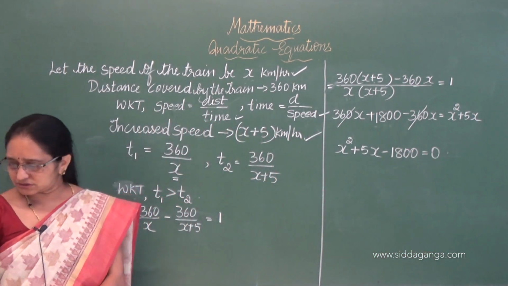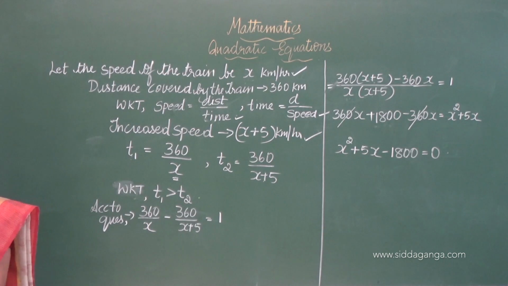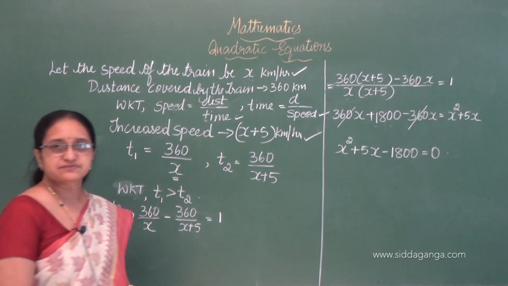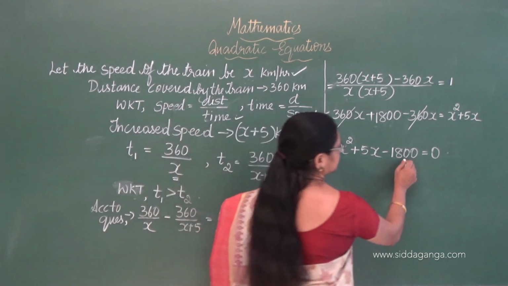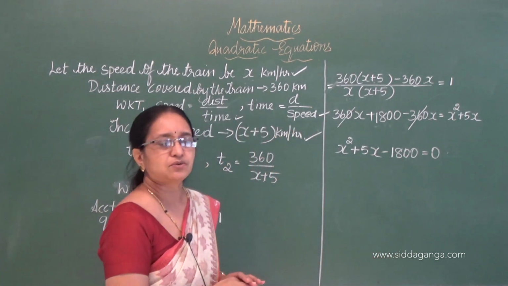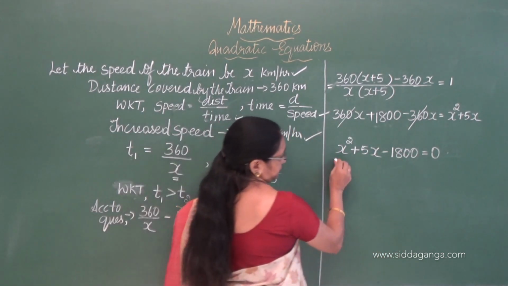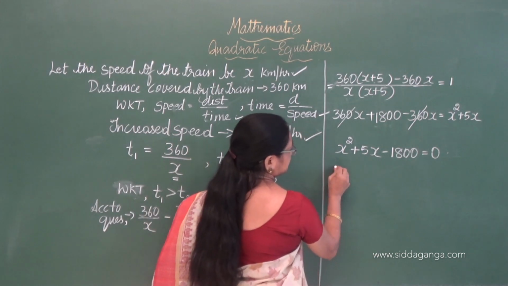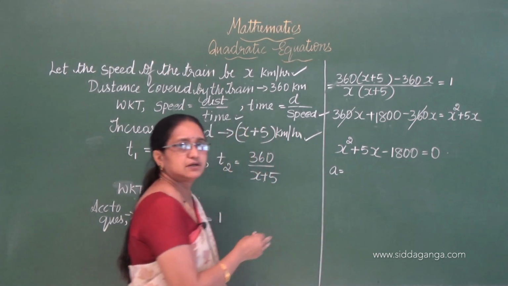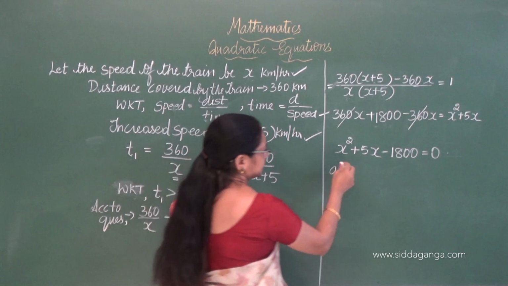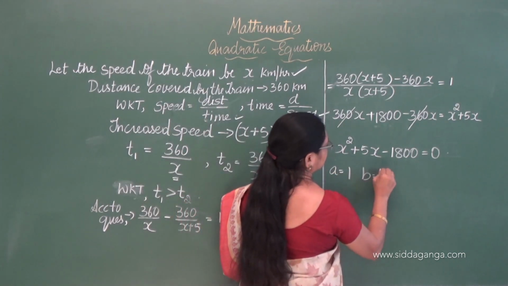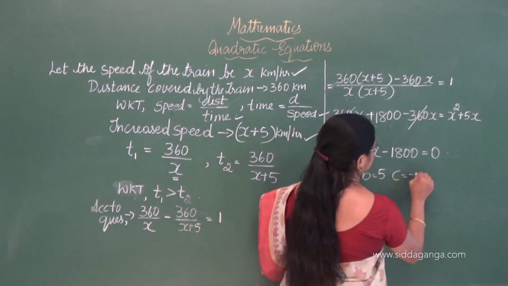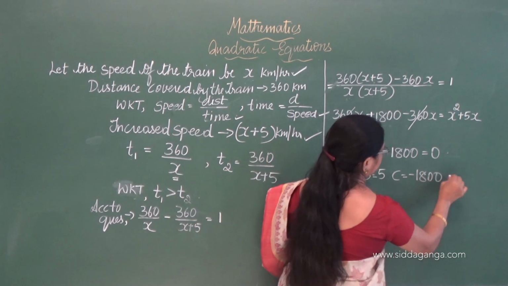Just see the equation, x square plus 5x minus 1800 is equal to 0. Now compare this with the standard form. A is equal to 1, B is equal to 5 and C is equal to minus 1800.